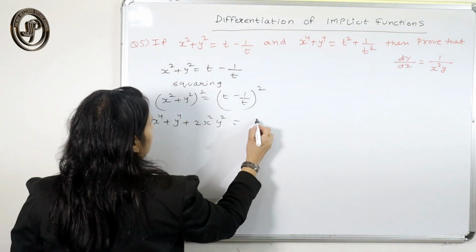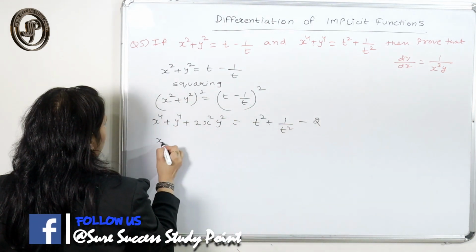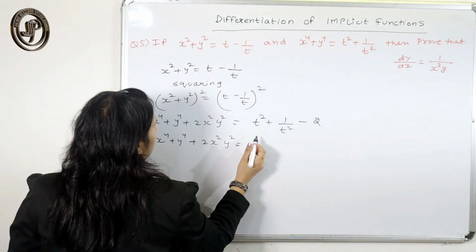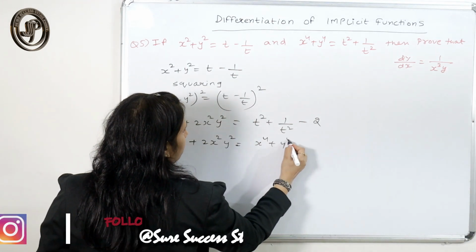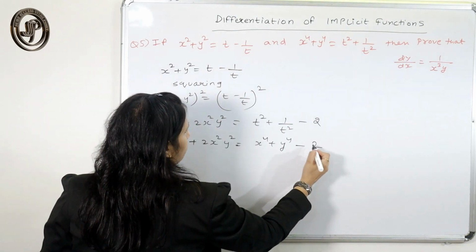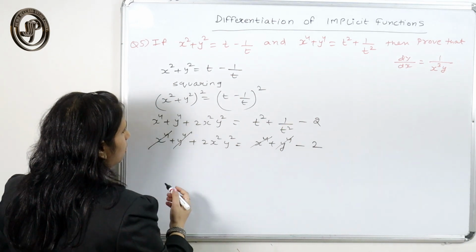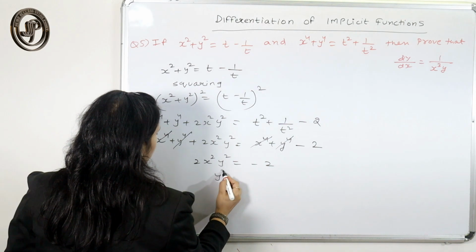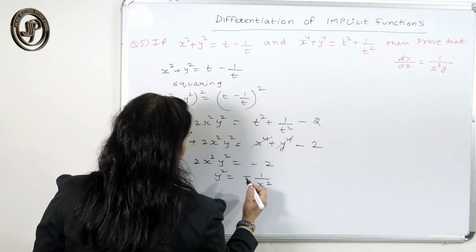If I open the identity here, I get minus 2. Now x4 plus y4 plus 2x square y square equals t square plus 1 upon t square minus 2, and this is given as x4 plus y4. So I can replace t square plus 1 upon t square with x4 plus y4. Now I can cancel these two things, and I am left with this only.